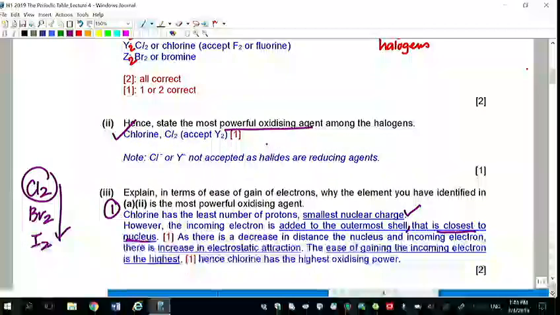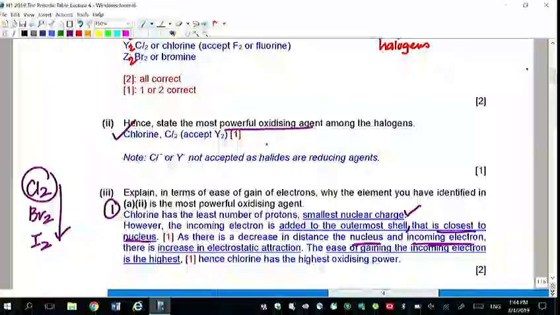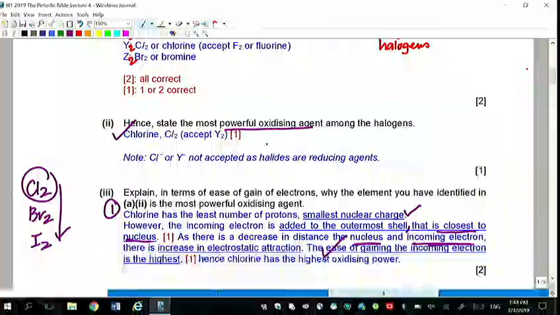Because it is the closest distance, the attraction between the nucleus and the incoming electron is going to be the strongest. Because it is the strongest, the ease of gaining electrons is going to be the highest. So chlorine is going to be able to undergo reduction most easily. Hence, it is the strongest oxidizing agent.